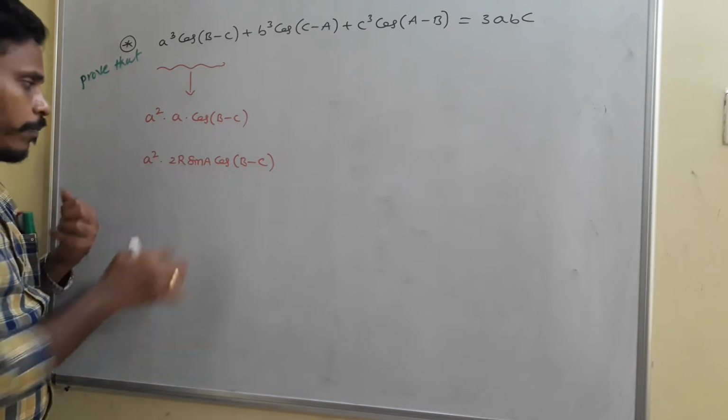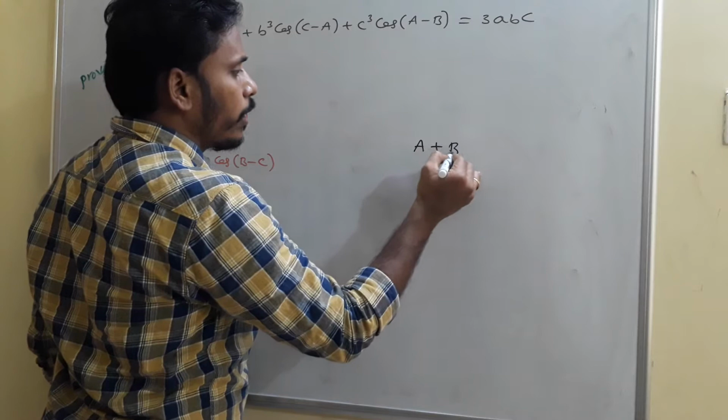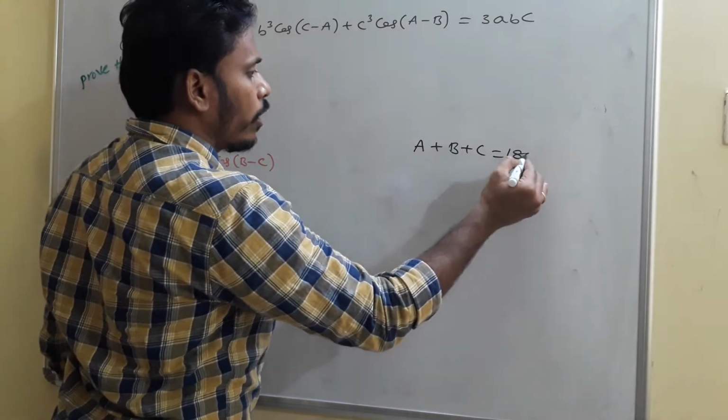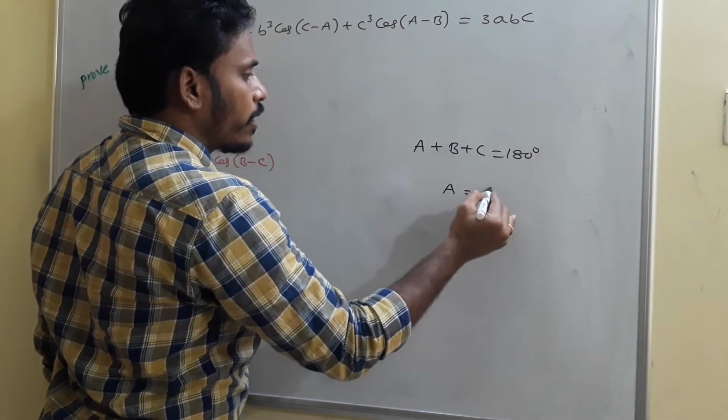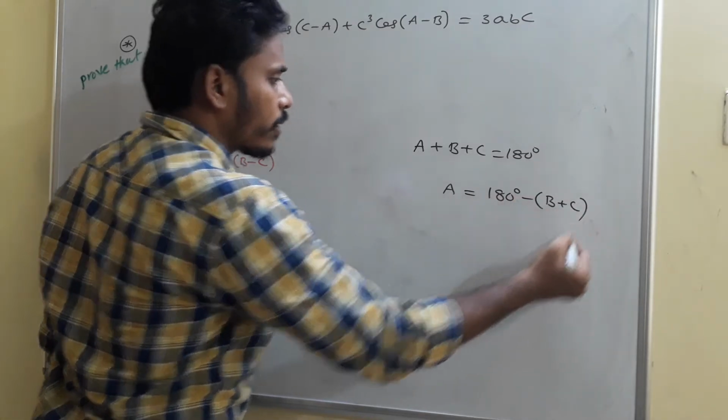In the next step, we know that a plus b plus c is equal to 180, since we are in a triangle. So a is equal to 180 degrees minus (b plus c).